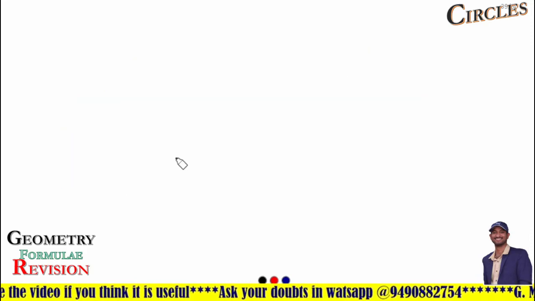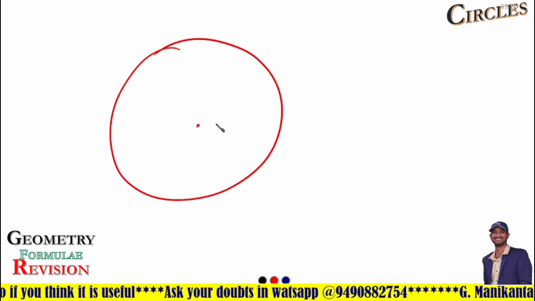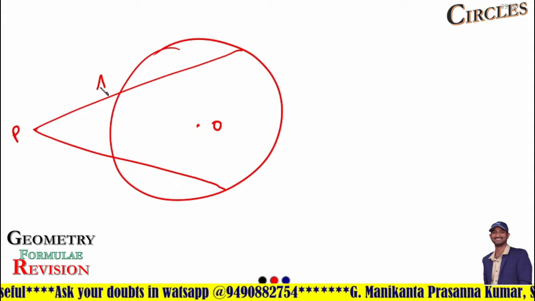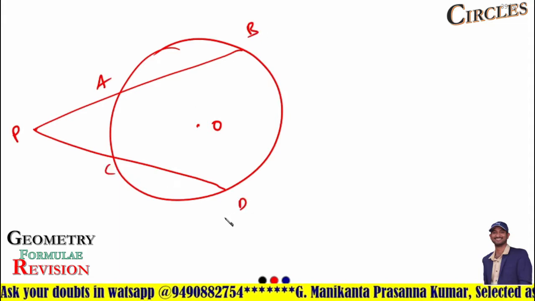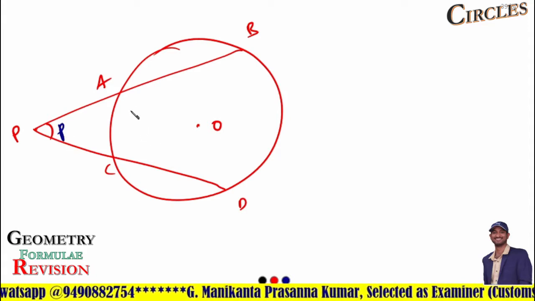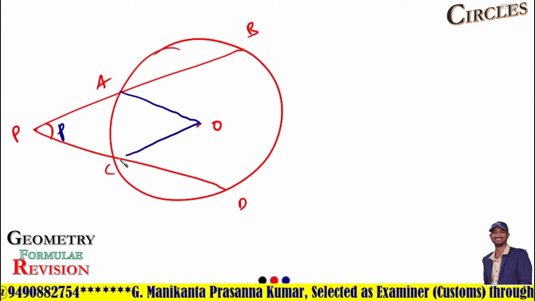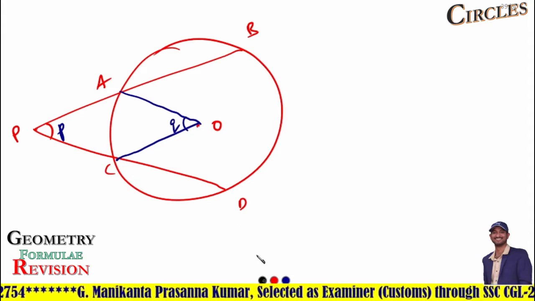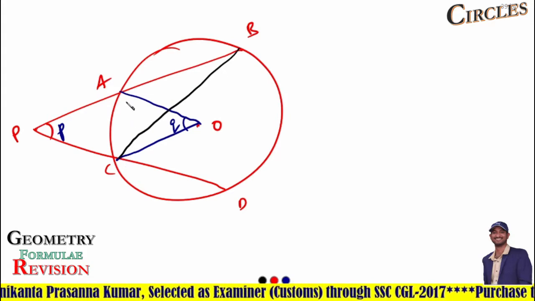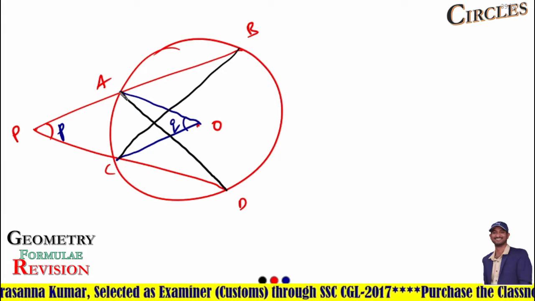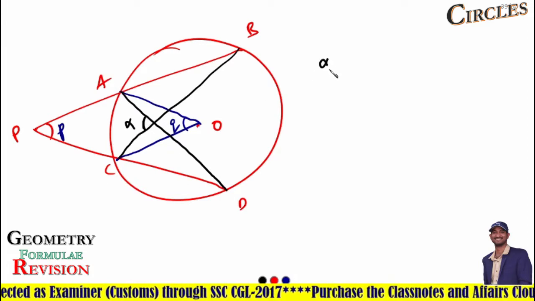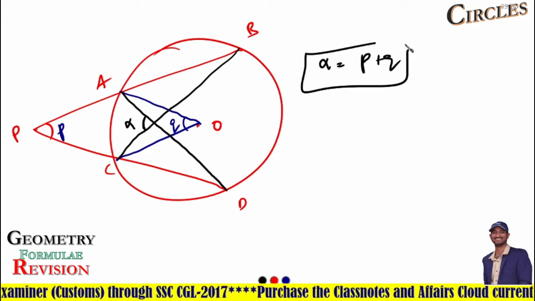Next, there is one more formula. Circle with center O and PAB and PCD are two secants, and the angle between the secants is P and AOC is Q. If B and C are joined and A and D are joined, now the angle between the chords AD and BC is alpha, then alpha equal to P plus Q. Very, very nice model.